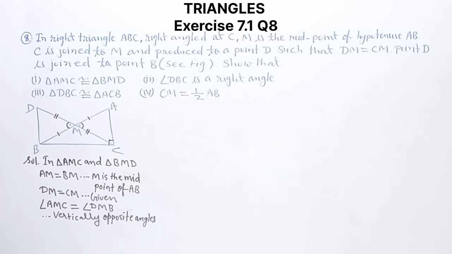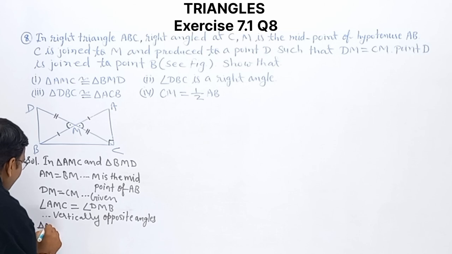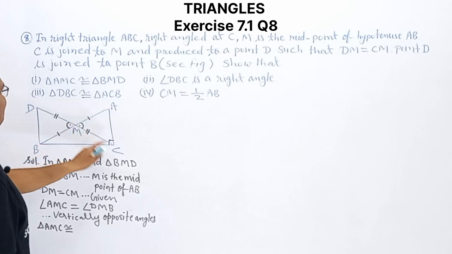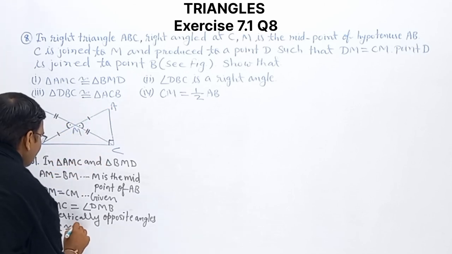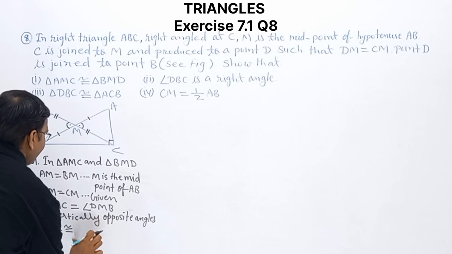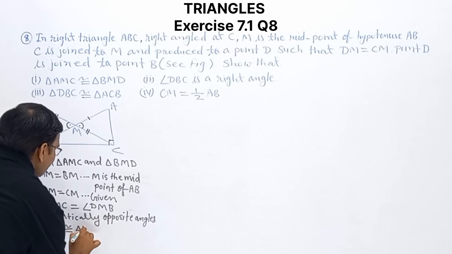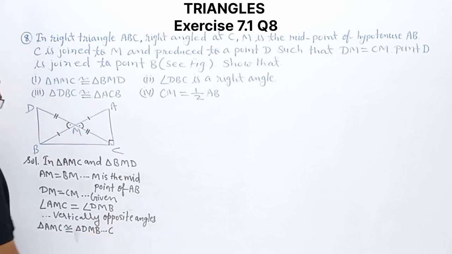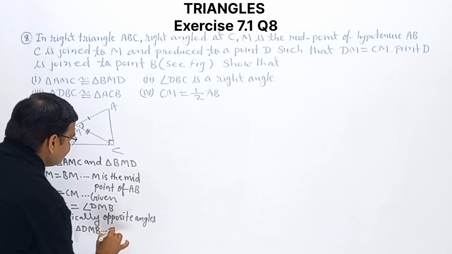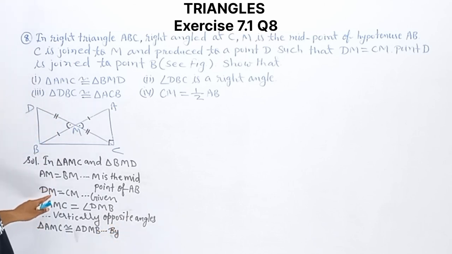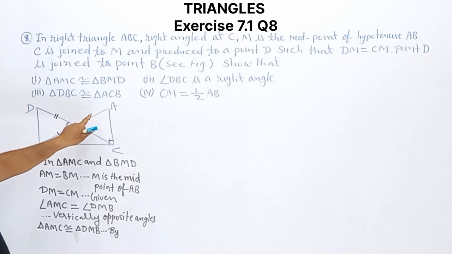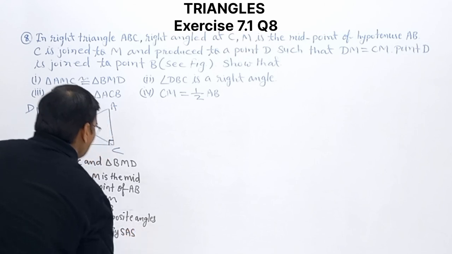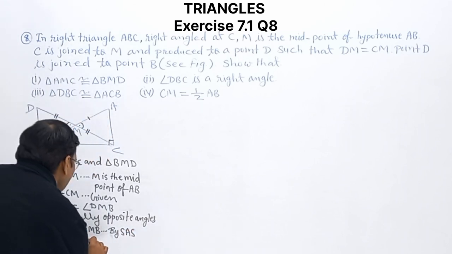Triangle AMC is congruent to triangle DMB by the side angle side congruence rule.